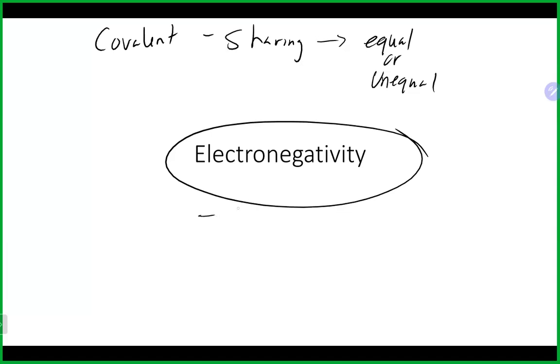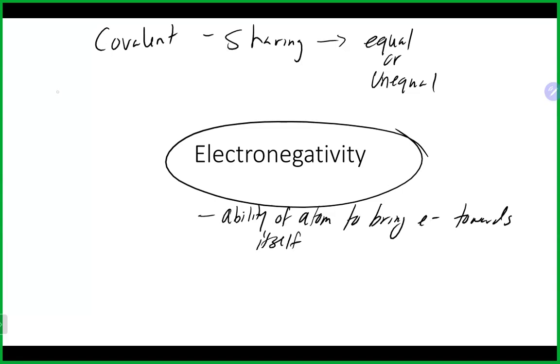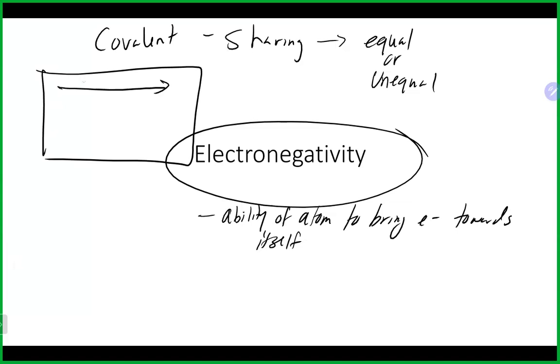Again, a reminder, I think we talked about it when we did periodic trends: electronegativity is the ability of an atom to bring electrons towards itself. On the periodic table, it increases as you go up and to the right and it decreases as you go down to the left.